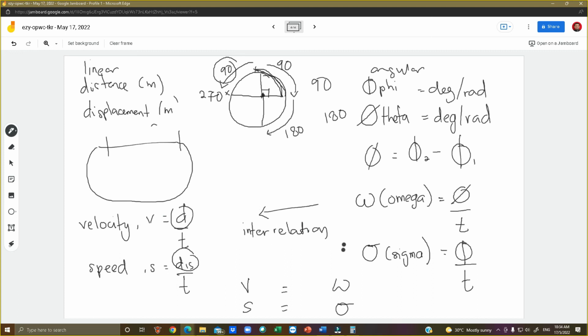When we talk about interrelation, always include radius. Dekat mana nak include? Dekat bahagian angular. So velocity is equals to radius omega. And speed is equals to radius sigma.